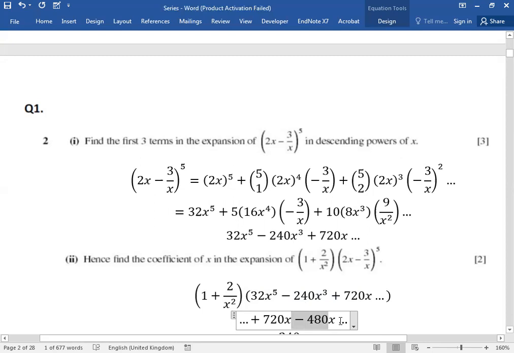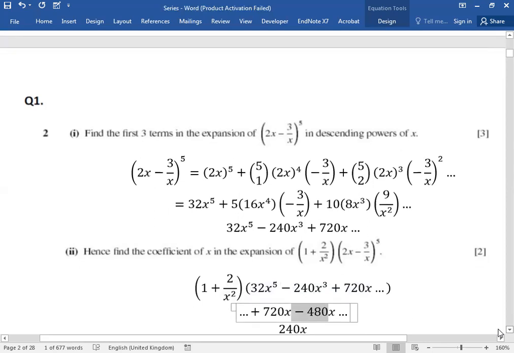I already know that all other terms are unlike. Right or wrong? So I know that no other terms can give me just x except these two. All of them will have different powers of x. None of them will have just x. Is this clear? So if I simplify, plus 720x minus 480x, I'll end up getting 240x.